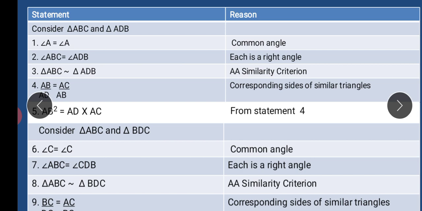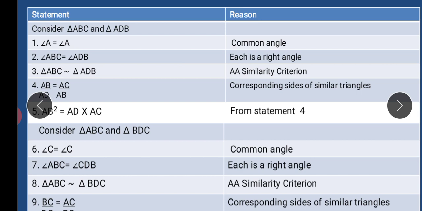There is a common angle A. Each is a right angle. Therefore, the two triangles are similar by AA similarity criterion. And then we want AB square. So AB upon AD is equal to AC upon AB. So you get AB square is equal to AD into AC.